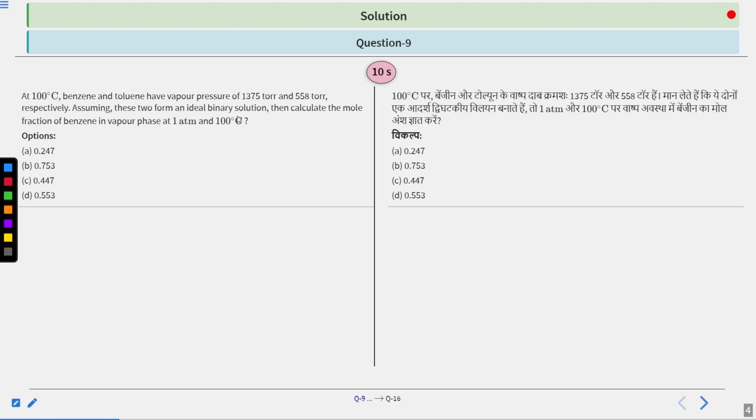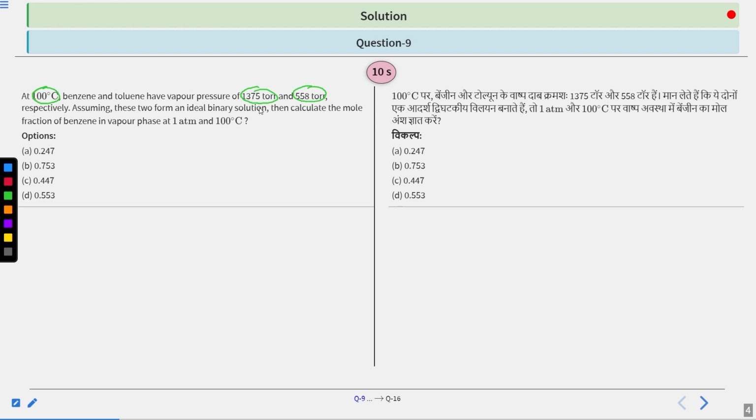So what is the question saying? The question is saying that we are at 100 degrees Celsius. We are taking benzene and toluene, and they have vapor pressures of 1375 and 558 torr. Now we are taking both of these separately.